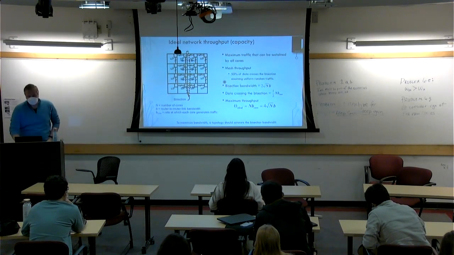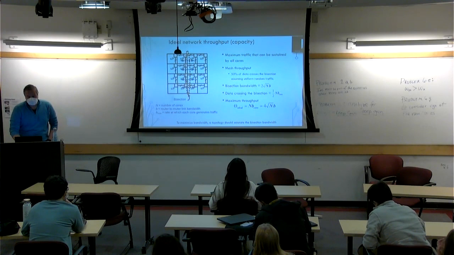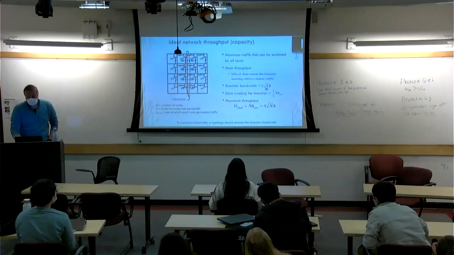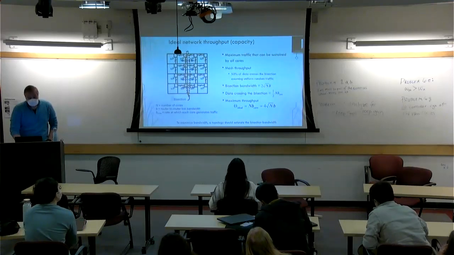In this case, it looks easy: I just cut it here in half. Half the cores are on one side, half the cores are on the other side. Then I calculate the bisection bandwidth. Well, I have B, which is the bandwidth of each of the channels.